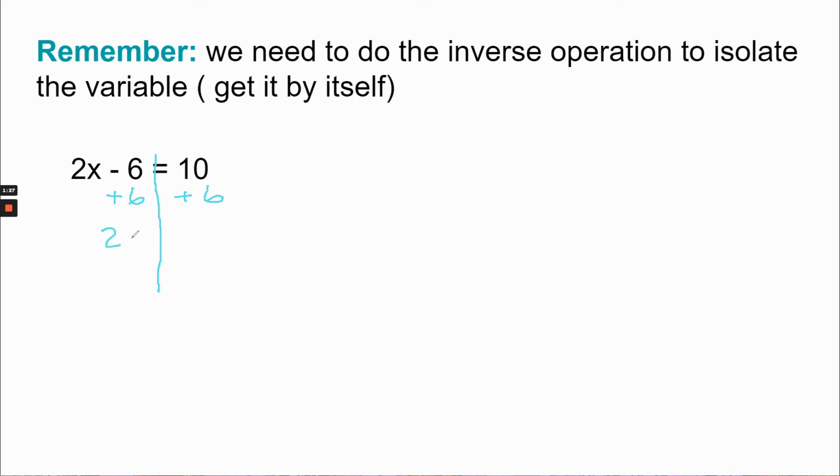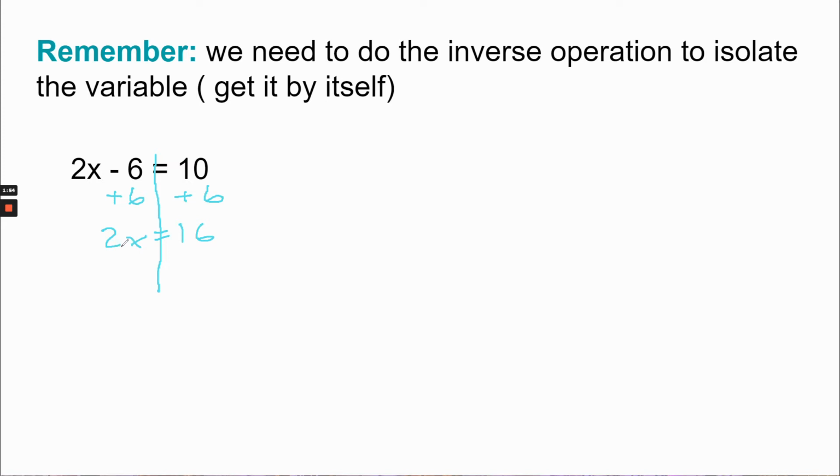We'll end up with 2x equals 10 plus 6 is 16. It's important that you write down your steps as you go, because as we add more steps, it's going to become more complicated. When it says 2x and there's no operation, that tells us to multiply.